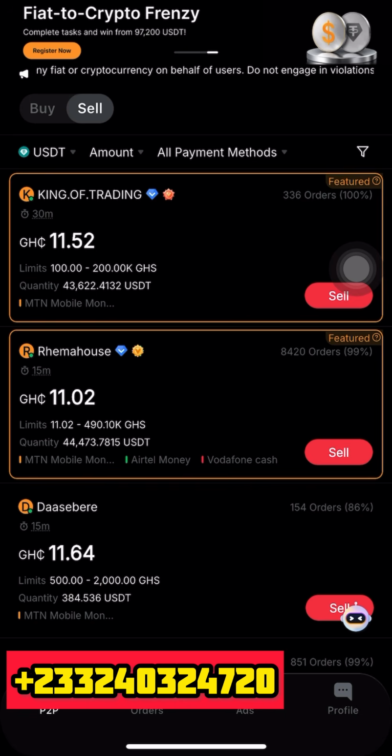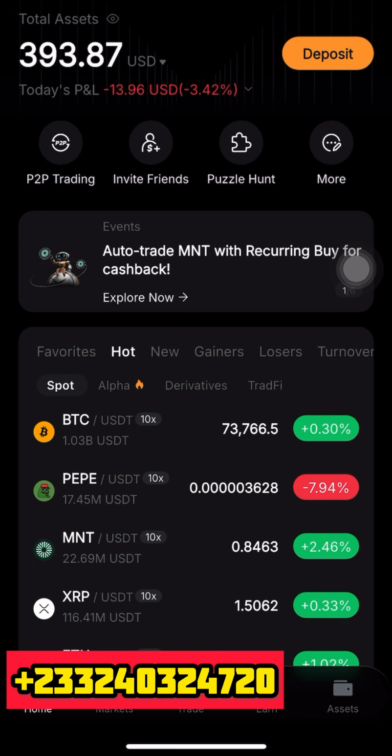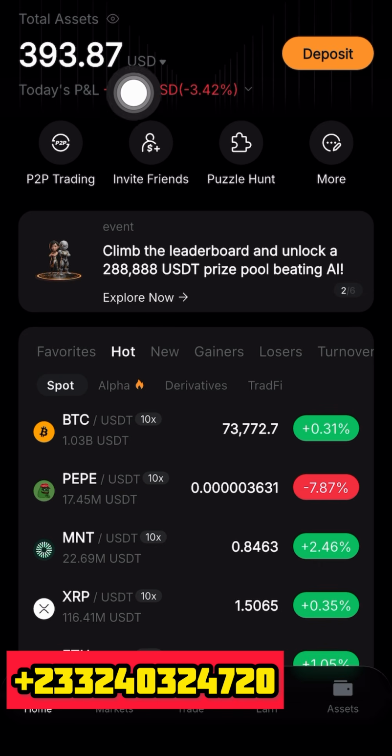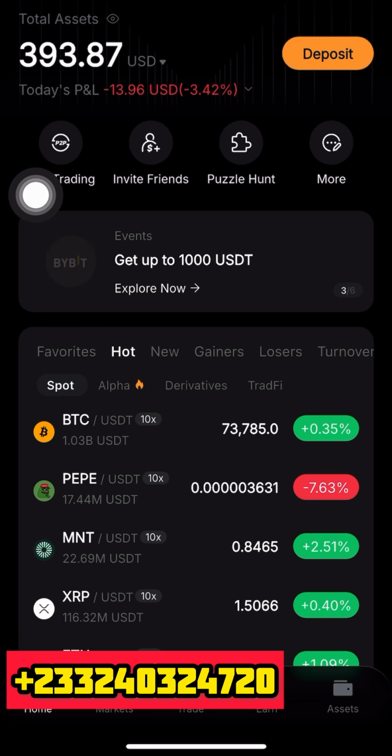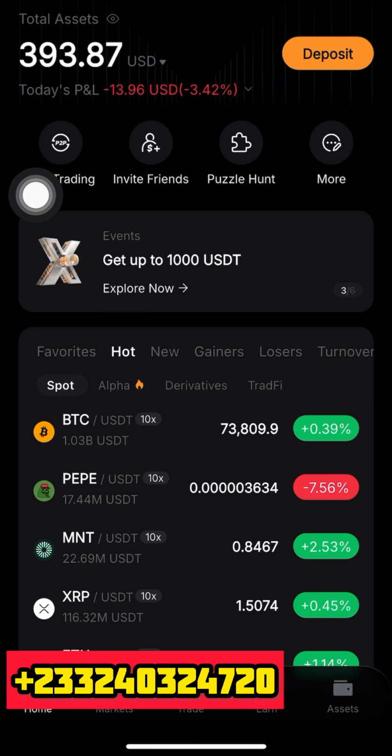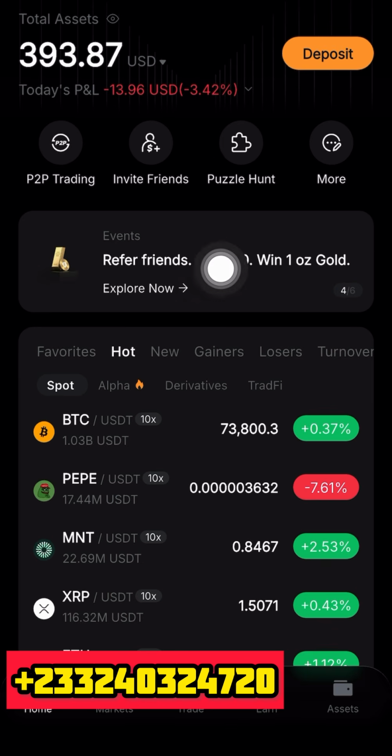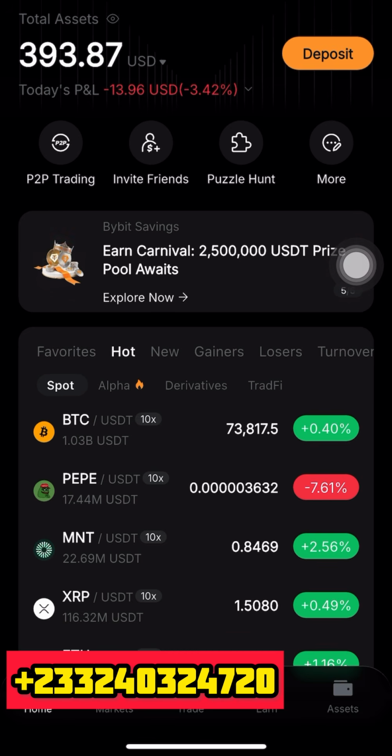You can see that I've opened my Bybit, and it's not only Bybit that you can use to do your bank to P2P arbitrage. Any exchange will do, as long as it has P2P. If you're using Binance, Bybit, or OKX, you can still make good use of the P2P.